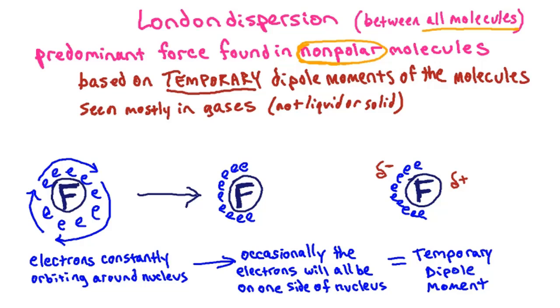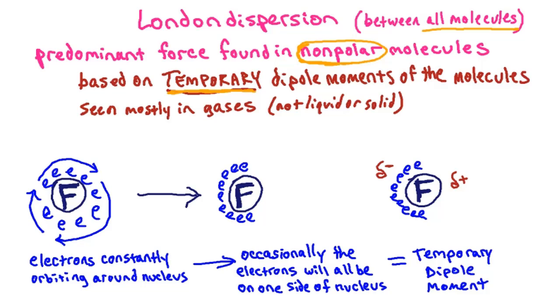Their electrons are evenly spread out all around the nucleus, so they're nonpolar. And so these London dispersion forces are what enable nonpolar molecules to stick together. And they're based on temporary dipole moments of the neutral molecule.